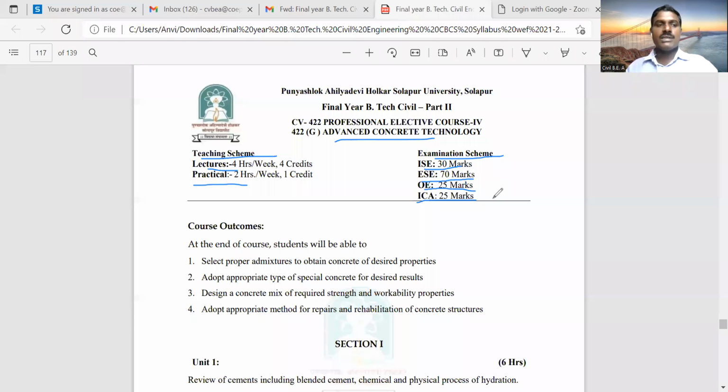So keep in mind, for this subject the oral examination is for 25 marks, based on the experiments.